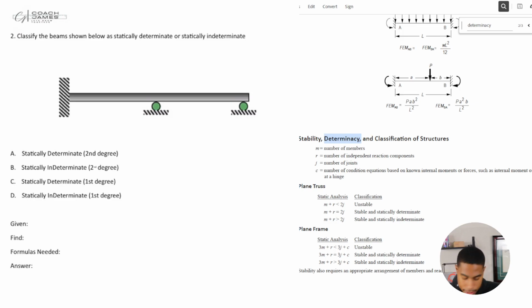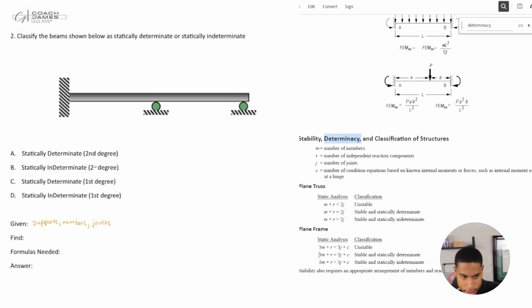So number 2 says classify the beam shown below as statically determinate or statically indeterminate. So we are given that we have our supports, and we're also given members, and we're given joints just based off of the diagram, right?